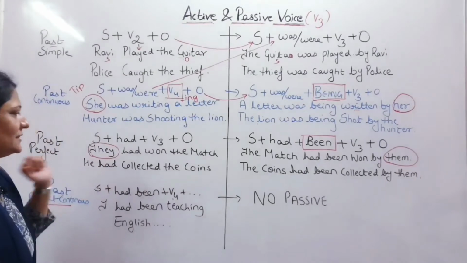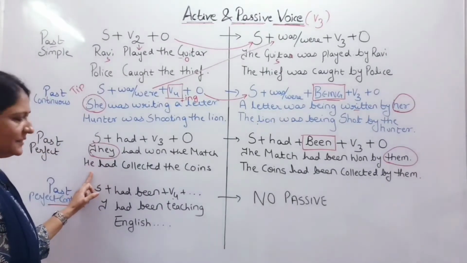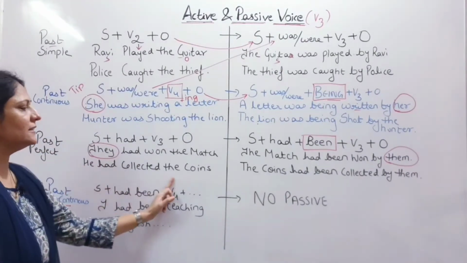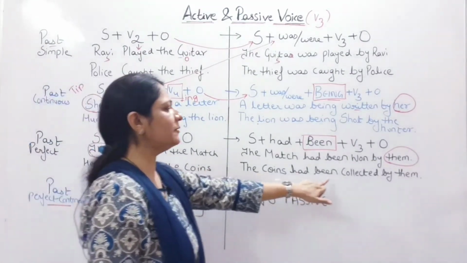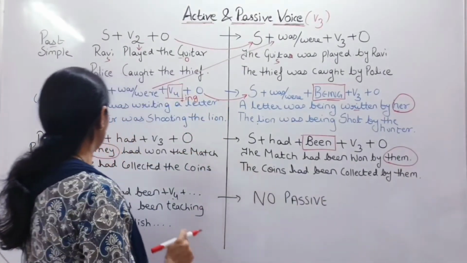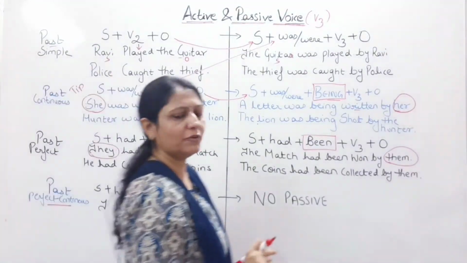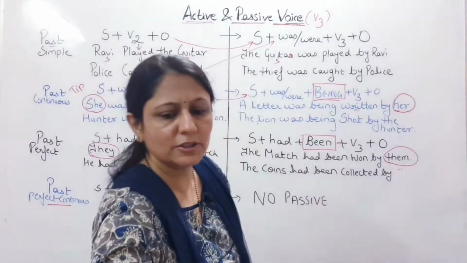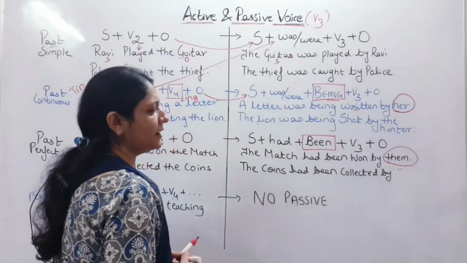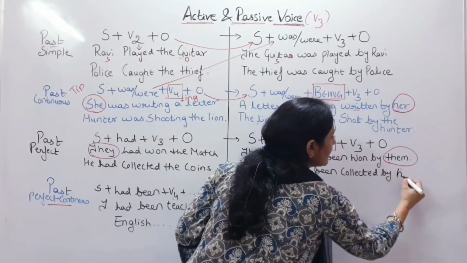So here it is they. Another sentence, he had collected the coins. The answer is the coins had been collected by, sorry, again there's a mistake over here, I'll just correct it. It is not them. Here it will be the coins had been collected by him.